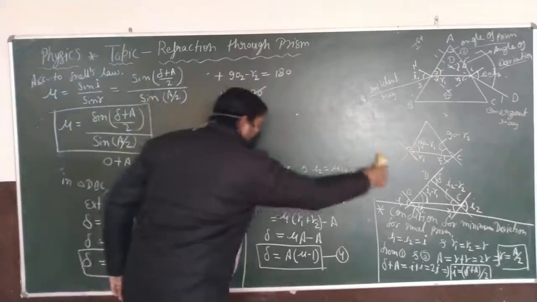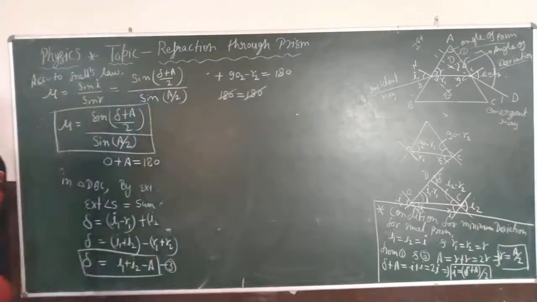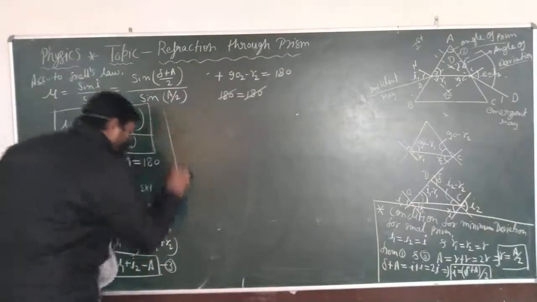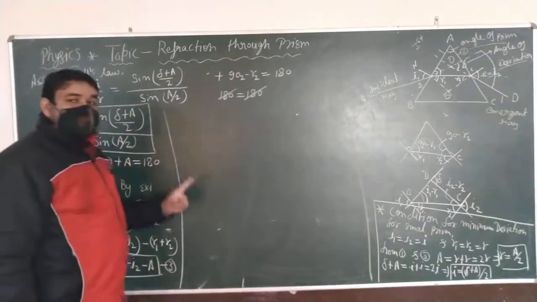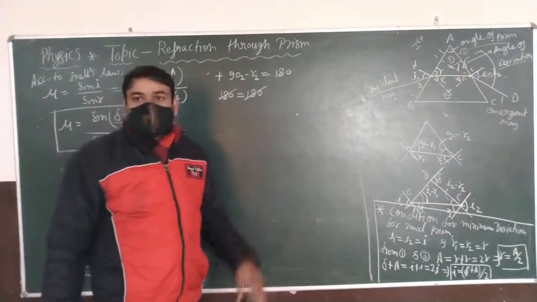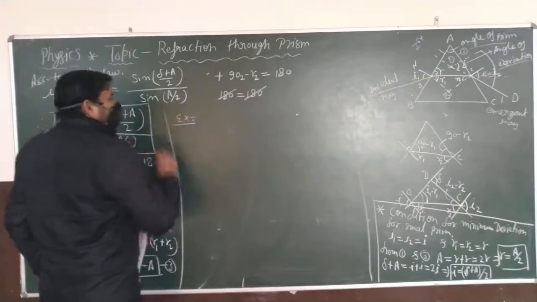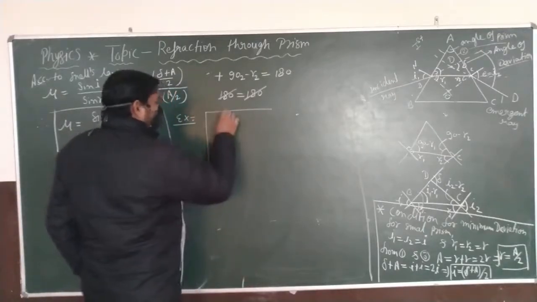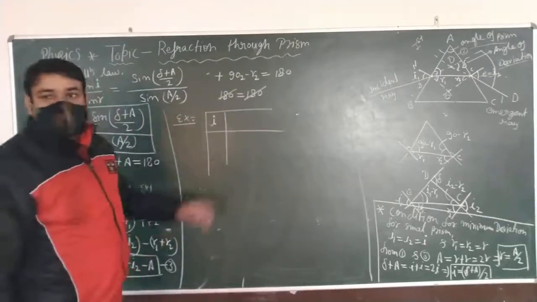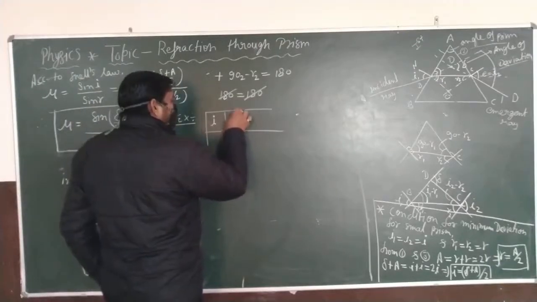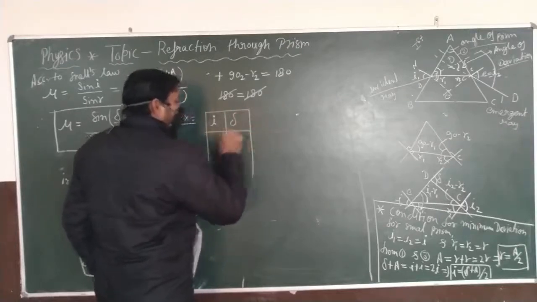So when we draw the graph for different values of incidence, we will get different values of deviation. For an example, for different values of angle of incidence, we will get different values of angle of deviation also.